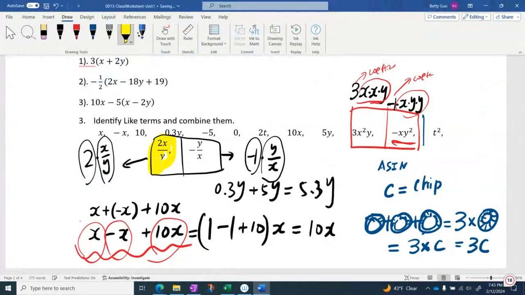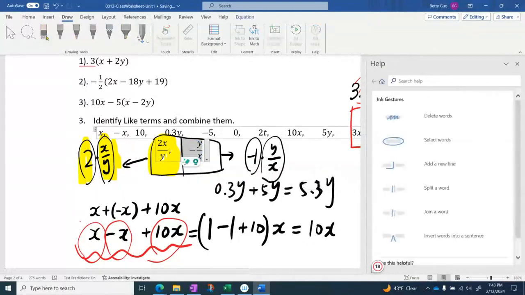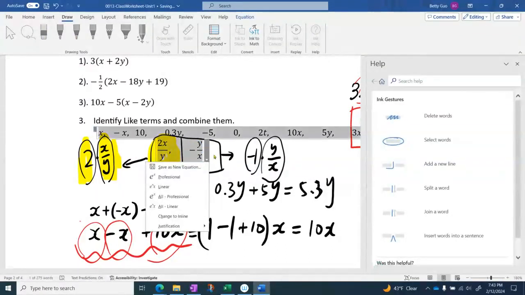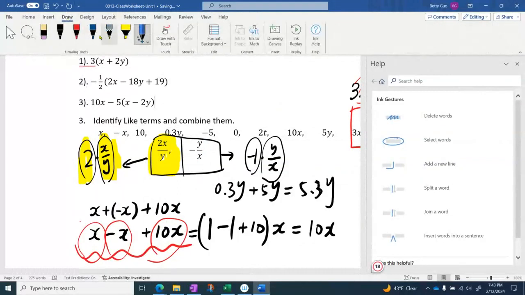This guy, this yellow one, as I break it down, has coefficient 2. The variable part is x over y. Numerator is x, denominator is y. And this guy, let me see, can I have another different color? Highlighter.